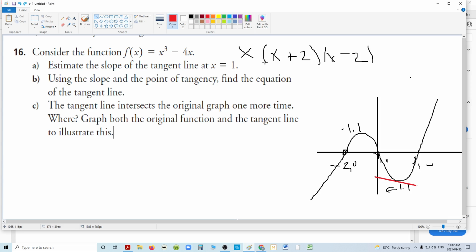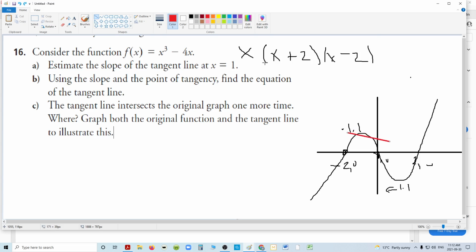But the question is, part c. The tangent line intersects the graph one more time. Where? Well, it's clear it's going to intersect it there. But I also want you to know something else about this. It will have the same slope somewhere else. Right there, just to the right of the negative 1.1.